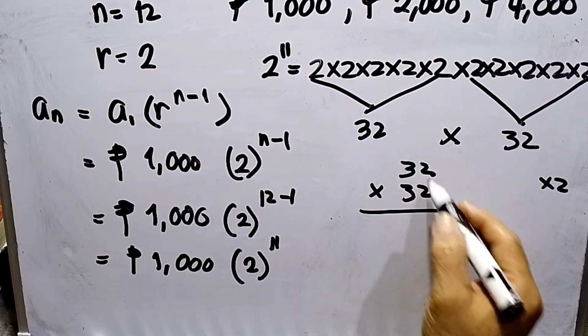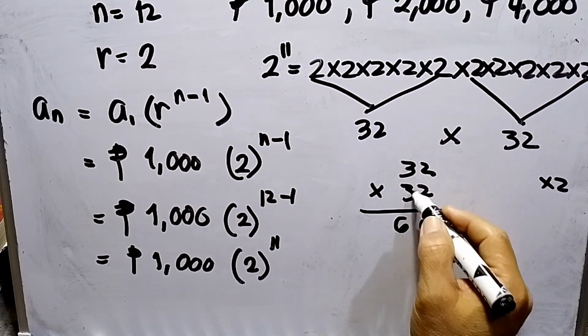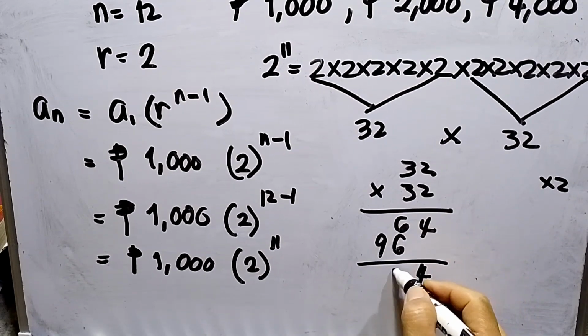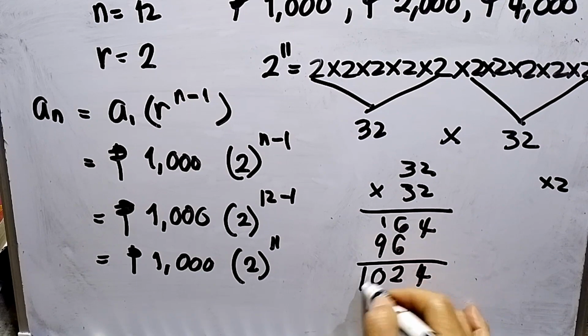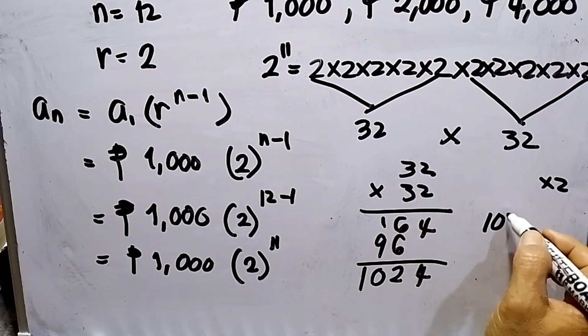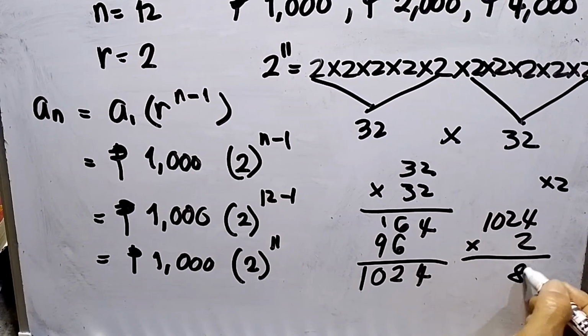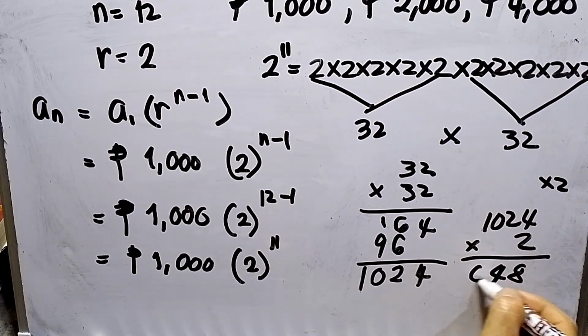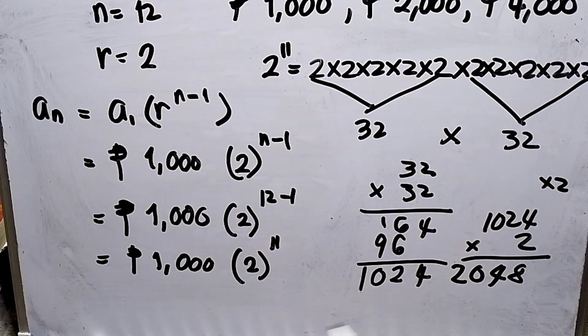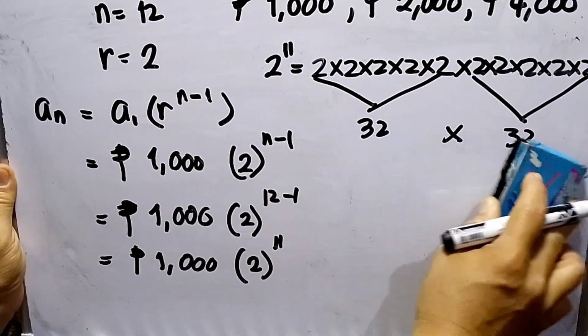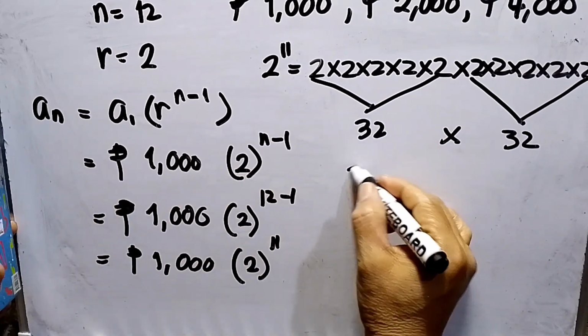So this will be 1,024, and then 1,024 times 2 is 2,048. So 2 raised to the 11th power is equal to 2,048.